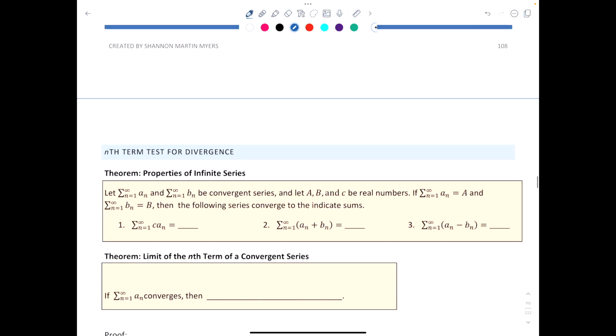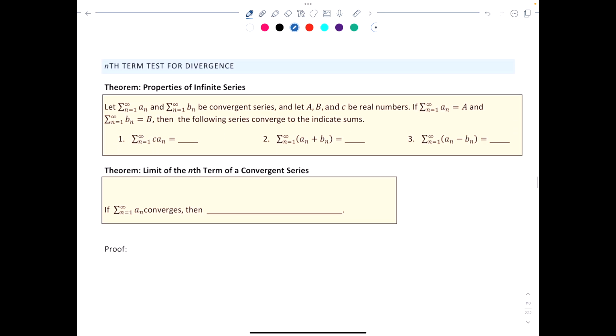All right, so anyway, the next thing that we're looking at is the nth term test for divergence. All right, so properties of infinite series. We need these for our nth term test and just for some good stuff here. So let the summation from n equals 1 to infinity of a sub n and the summation from n equals 1 to infinity of b sub n be convergent series.